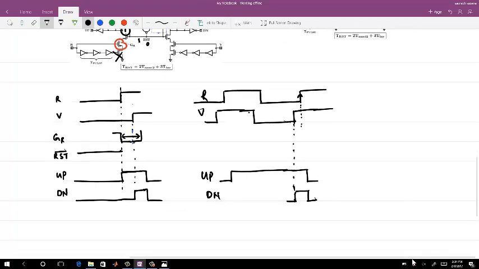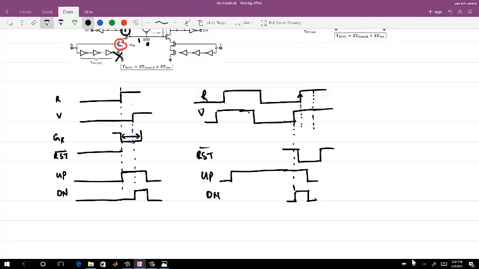Okay, whereas your reset signal, I didn't plot the reset signal here, your reset bar can be something like this.